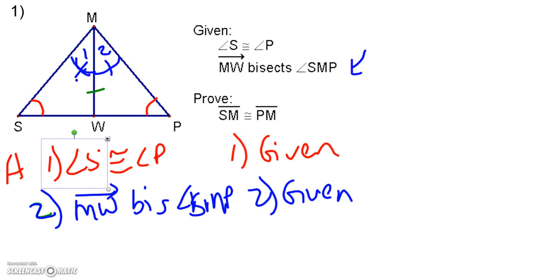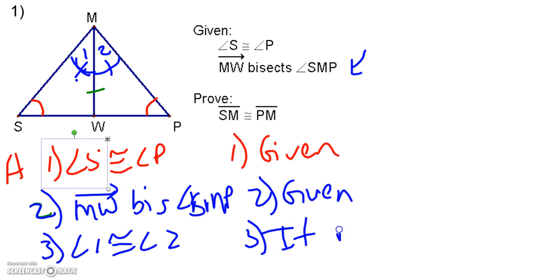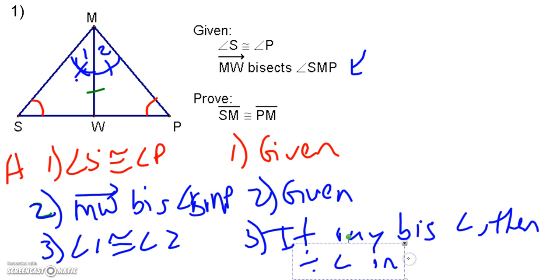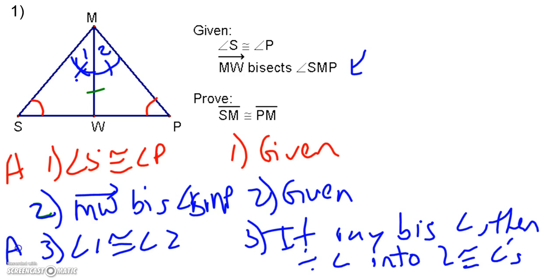This gave us in our diagram that angle 1 is congruent to angle 2, because if a ray bisects an angle and divides the angle into two congruent angles, that gives us another angle.